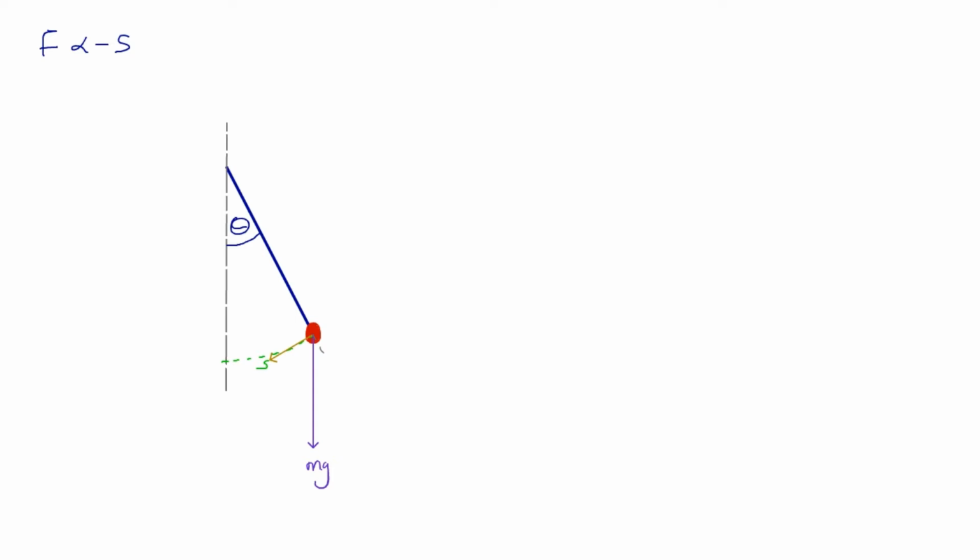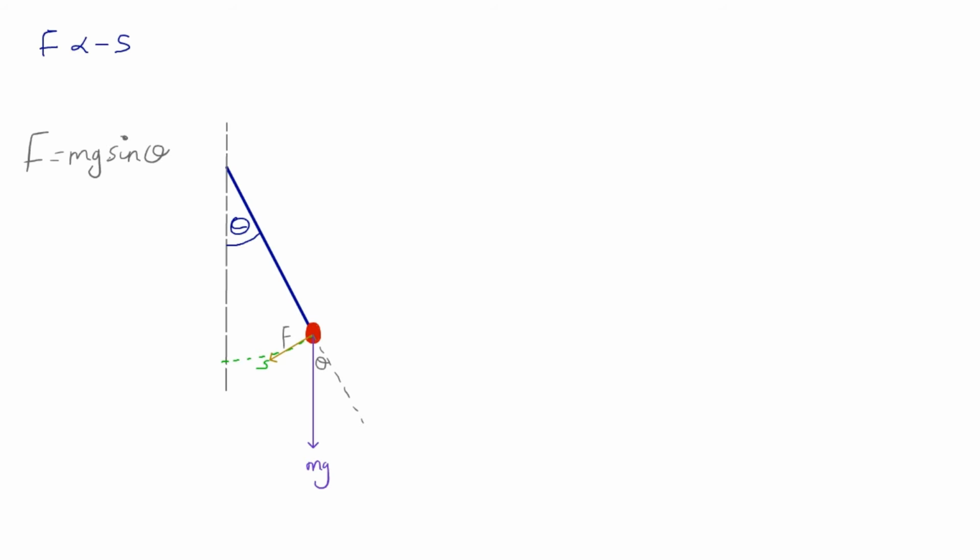Well, if I just extend that line there, we can see that that angle is theta. So the component of the force that we want, let's just call it F. Can you see that F will be mg sine theta? So now we've got at least some kind of expression for the force which is trying to move our oscillator, the bob, towards its equilibrium position.